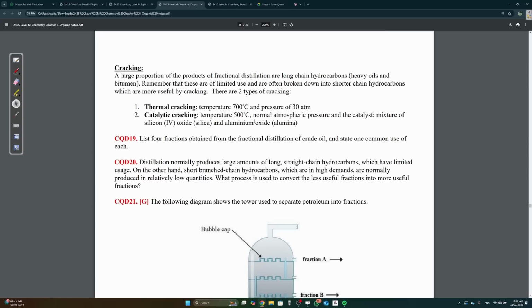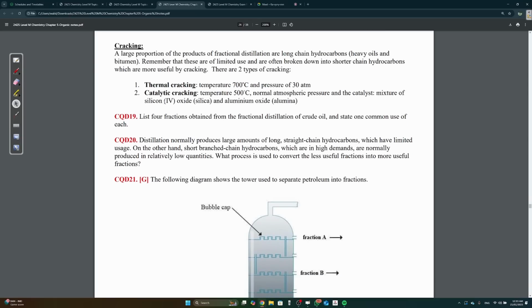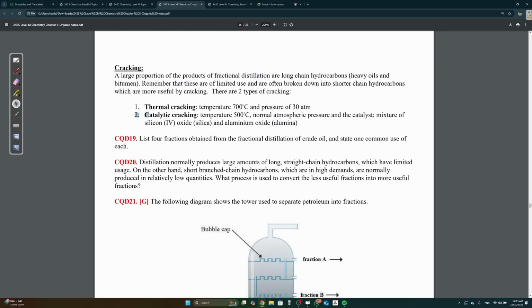This is the one we're familiar with. But there's also thermal cracking, which is 700 degrees Celsius and 30 atm. But basically for alkanes we use catalytic cracking. Don't stress on it. It's easy. Just remember, if you raise the temperature extra, you can crack it because of the temperature. But focus on catalytic cracking. I don't want you to forget it.